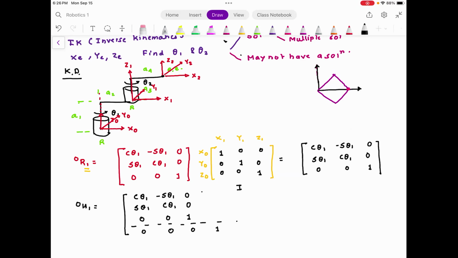There will be 1 here, and here comes the most important part. I need to fill in these blanks.